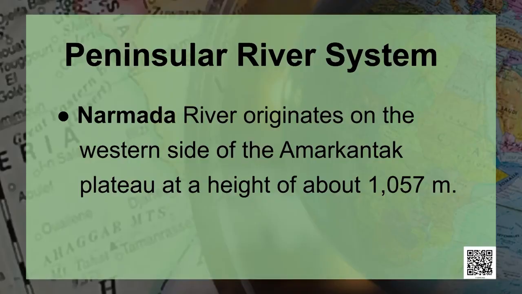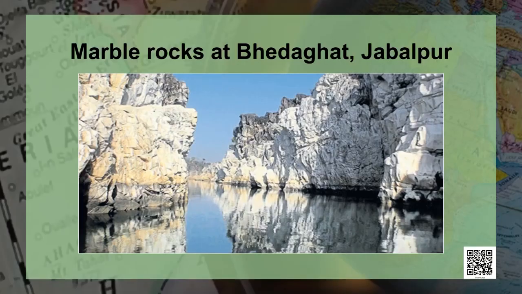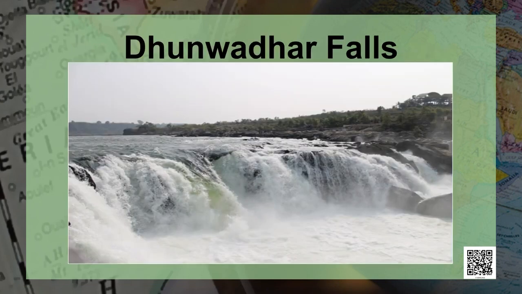The Narmada, another river, originates on the western side of the Amarkantak plateau at the height of about 1057 meters. Flowing in a rift valley between the Satpura in the south and the Vindhyan range in the north, it forms a beautiful gorge in marble rocks and Dhuandhar waterfalls near Jabalpur.